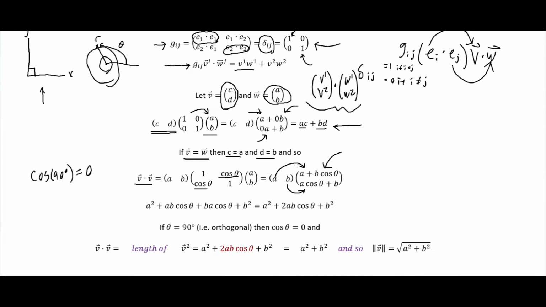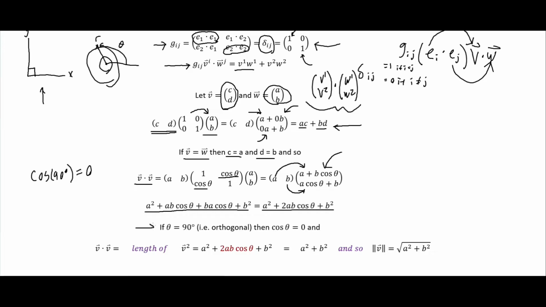So that gives us A squared plus AB cosine theta plus AB cosine theta plus B squared. If we combine the AB cosine theta and BA cosine theta, we get that.